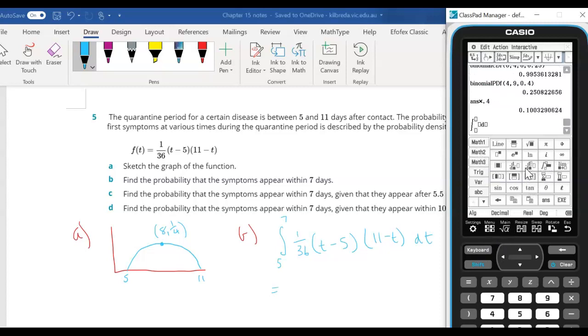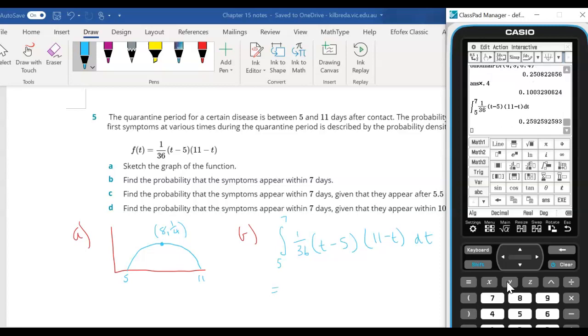All right, so we're going from 5 to 7. And then put in the function. And if you wanted to, you could have defined it. So maybe I should have defined it. Okay. And you can do t or x. Just keep in mind, if you do change from t to x, that you do put the correct answer in.